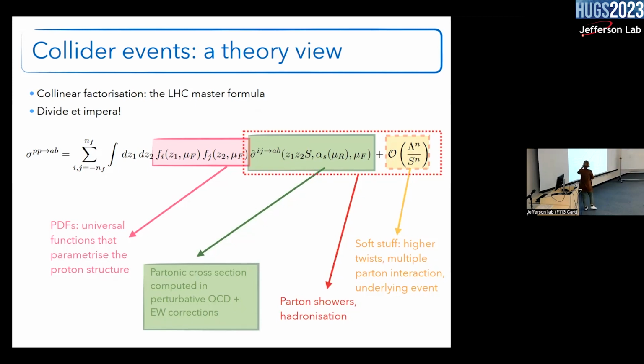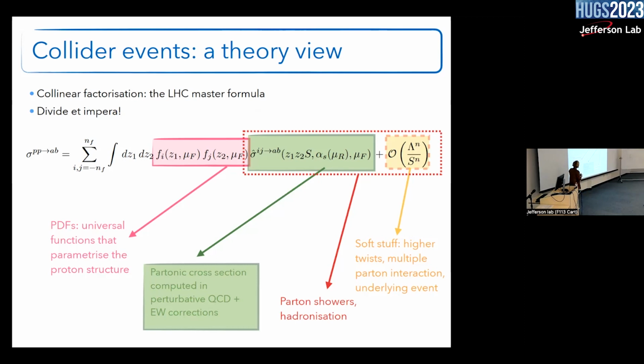So collinear factorization: the cross-section for proton-proton going into some stuff that I call AB is equal to the convolution, the integral product, of the parton distribution functions of proton 1 and proton 2 that collide against each other, times sigma hat, the partonic cross-section for parton I, parton J going into AB, plus everything else you can put in these correction terms, that is, things that have to do with the soft stuff, higher twist, parton shower, multiple interactions.